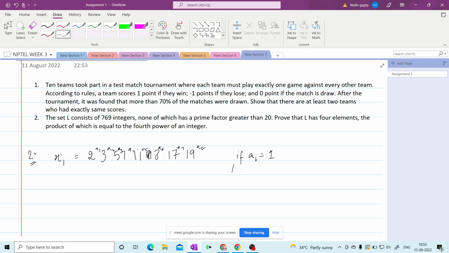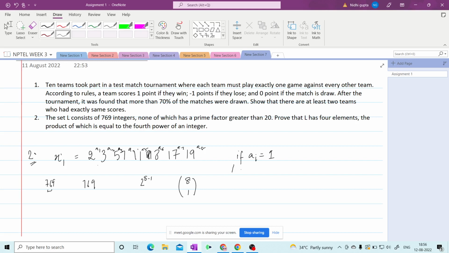So basically you are removing all those holes which have exactly one power, and the number of such holes is 2 raised to the power 8 minus 1. Because any of the primes from 2 up to 19 can have the power 1, 8C1 ways, any two places, and the rest of the places can have even powers. That way we have decided the pigeonholes.